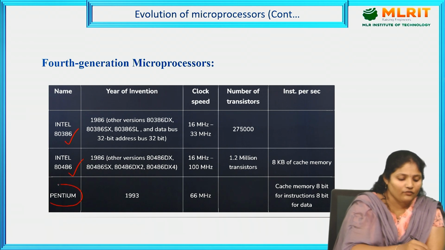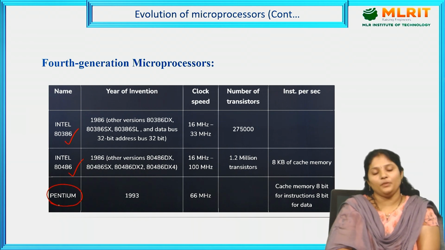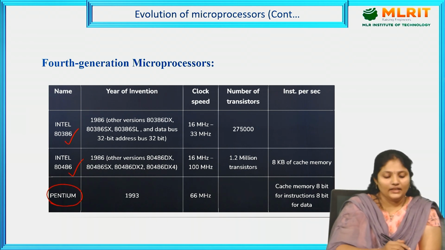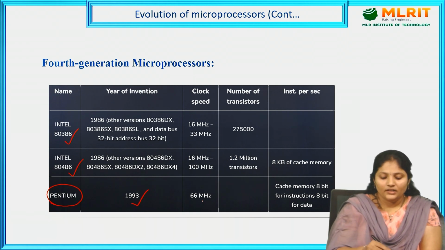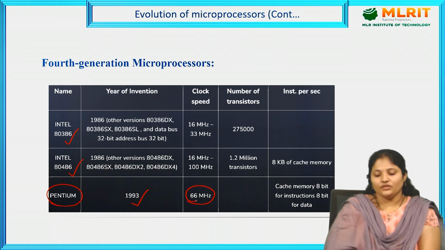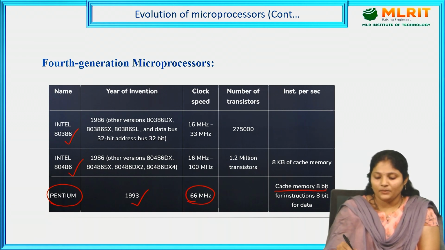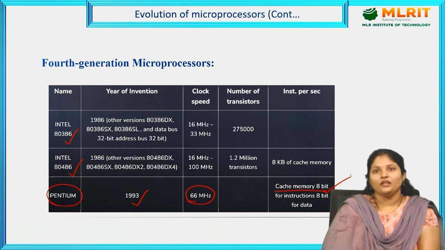Another benchmark, the Pentium processors, came into the picture in the year 1993, a humongous change in microprocessors. It used 66 megahertz, and this is the first microprocessor having cache memory for instructions and data.